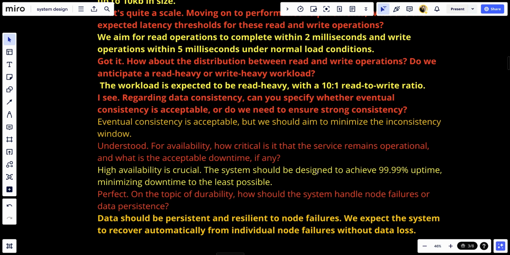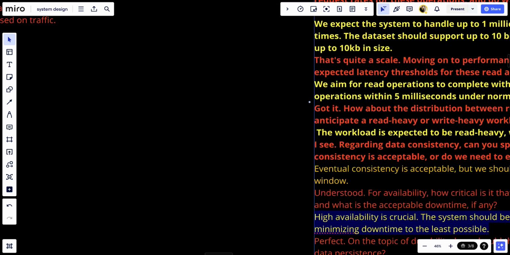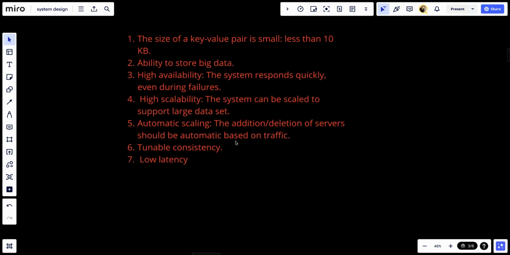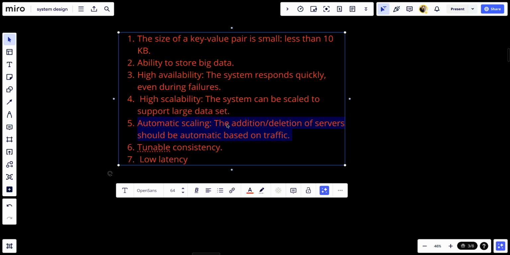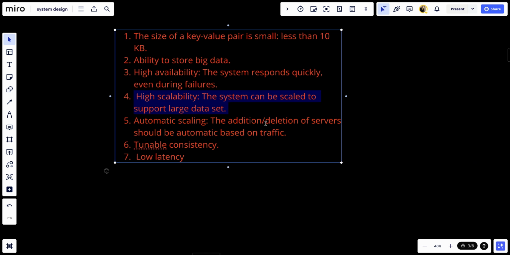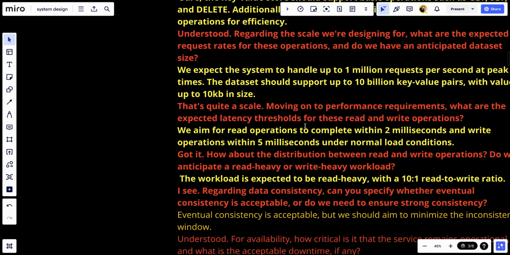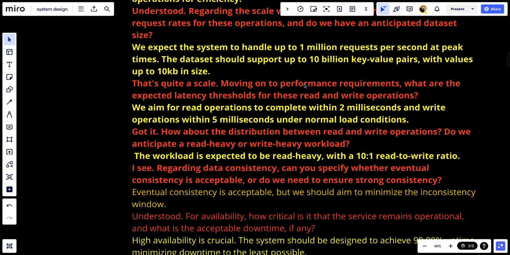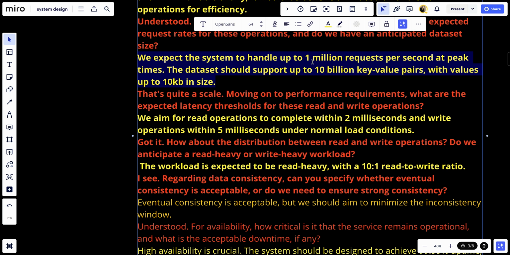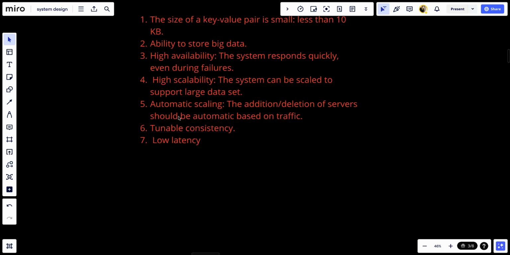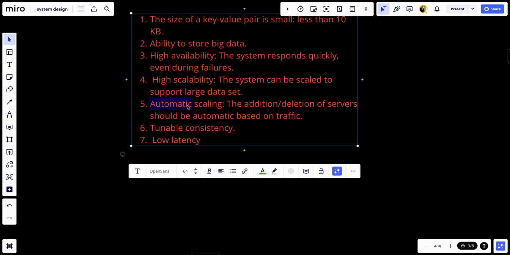We said that in the answer of our interviewer. Also, we have high scalability. The system can scale to support a large dataset. And we said that in this one, we have 1 million requests per second. We have automatic scaling.